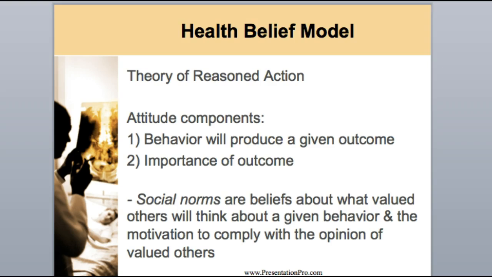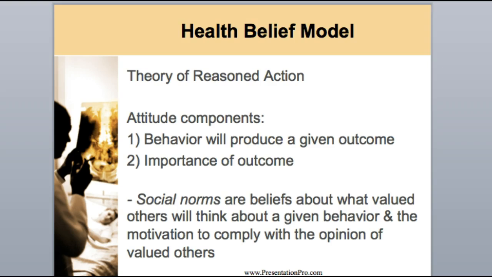Social norms play a big role in the theory of reasoned action. Social norms are beliefs about what the valued others will think about a given behavior and the motivation to comply with the opinion of valued others.